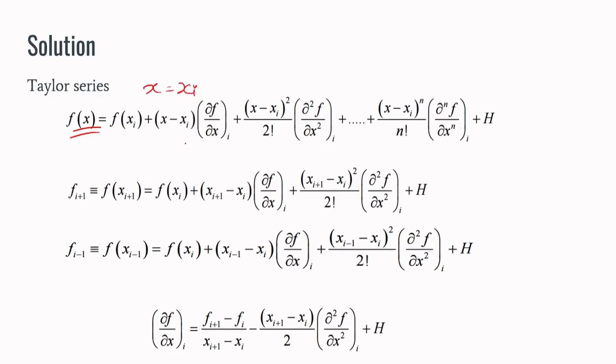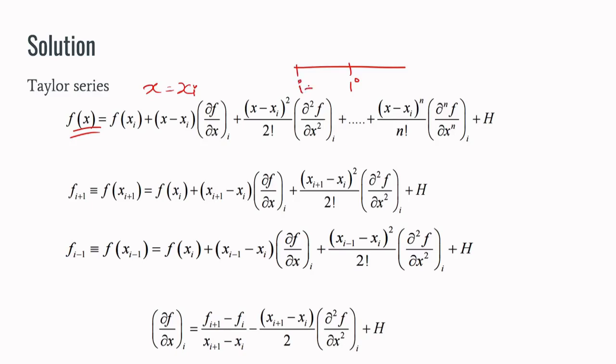The Taylor series expansion I showed in the previous slide was for three coordinates x, y, z. Suppose now we are only considering one. Let us consider a linear mesh, a one-dimensional mesh. This is the point i.